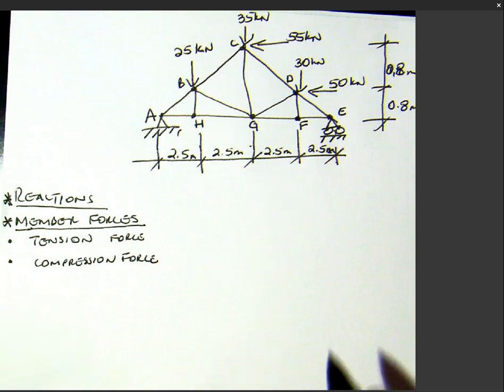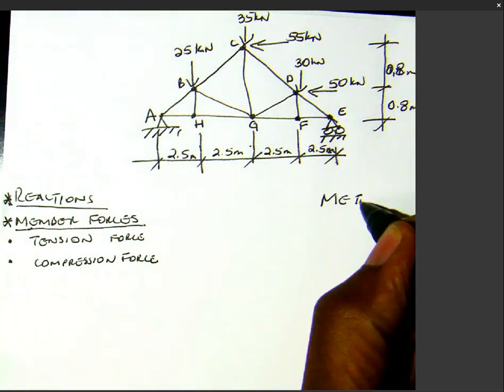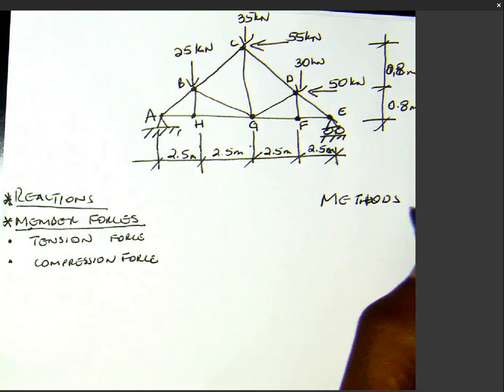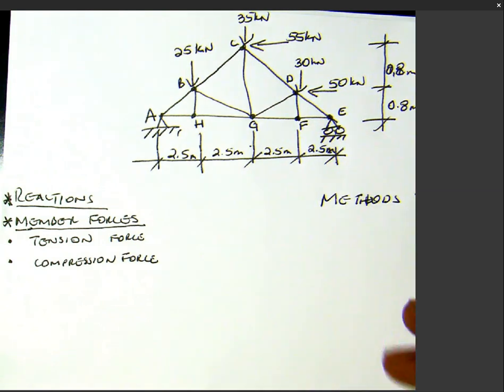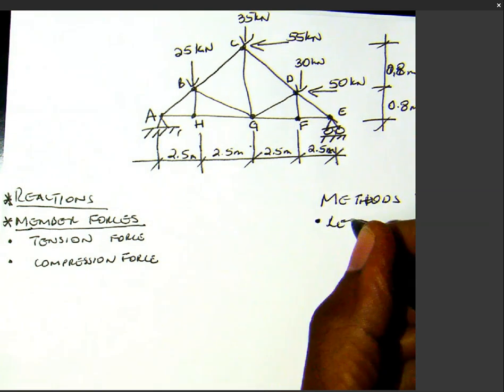Two methods that we're going to use. The first one is called resolution of joints.